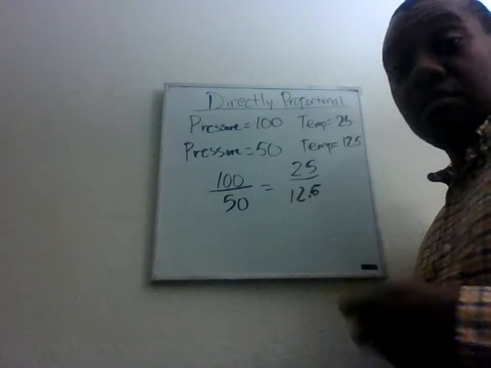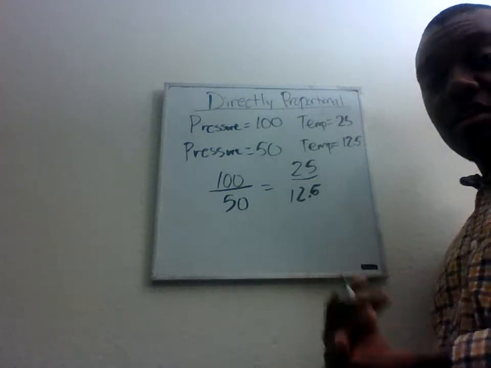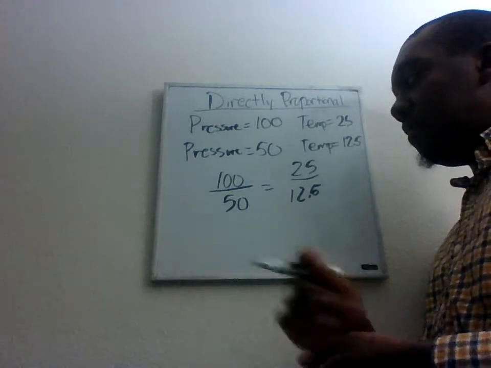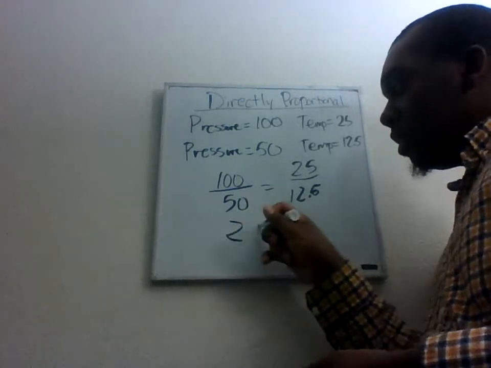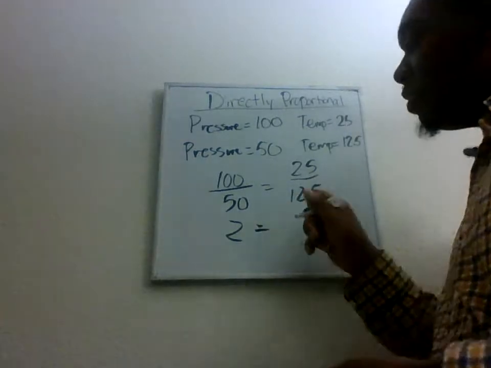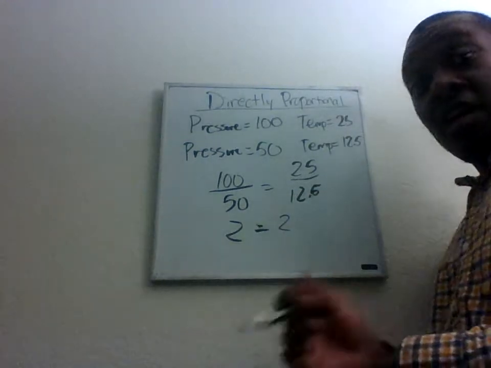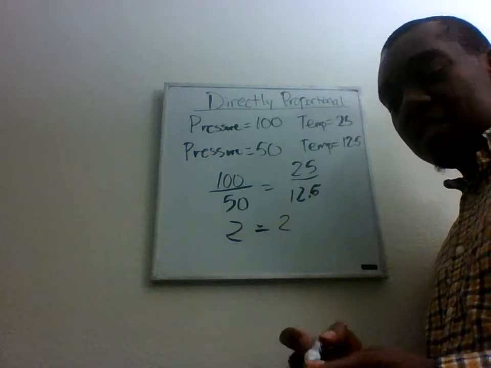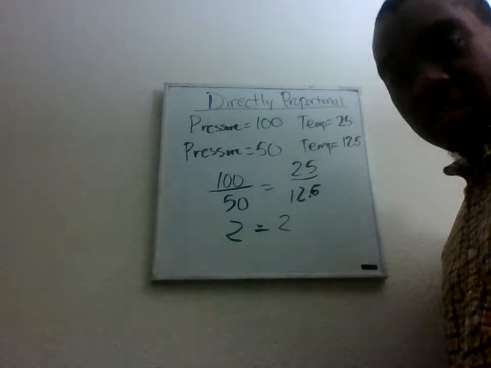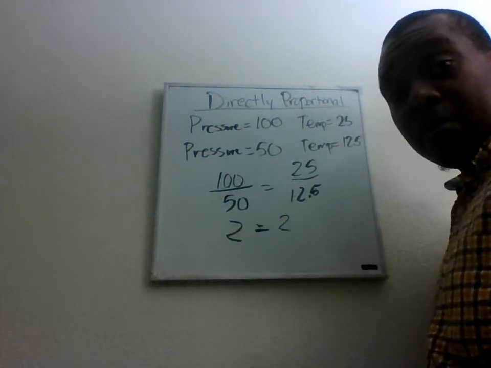I set these equal to see if they're equal. Let's test them. When I do 100 divided by 50, I get 2. When I do 25 divided by 12.5, I also get 2. Those are the same. That means that they must be increasing by the same constant. So these are directly proportional.